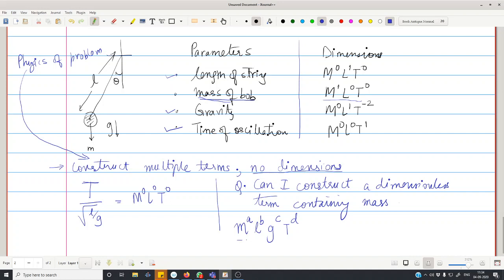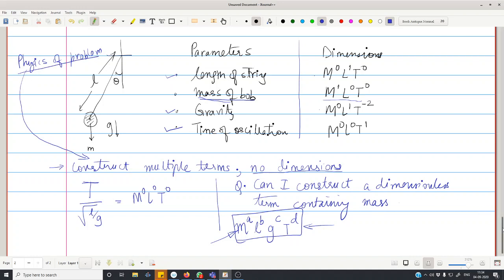There exists no combination of a, b, c, d for which I can render this expression dimensionless, because m to the power 1 cannot go away by raising length, gravity and time to any power, because in all of those expressions mass always has a power of 0. So I cannot have a dimensionless term which includes mass. Hence, mass must not come into the picture while determining the physics of this particular problem.